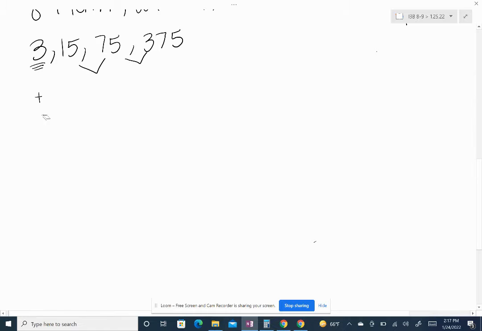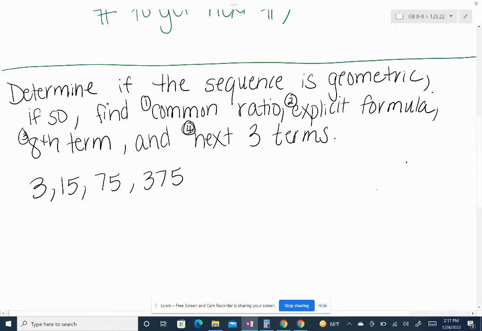Okay, so if we see this sequence, we need to find the common ratio, find the explicit formula, the 8th term, and the next 3 terms. And I guess to determine if it's geometric. If it is geometric, we'll find the common ratio and be able to find everything else. So we're going to take the number on the right and divide it by the number on the left.